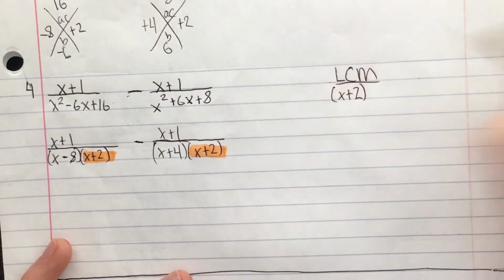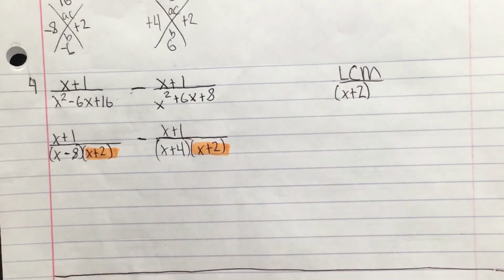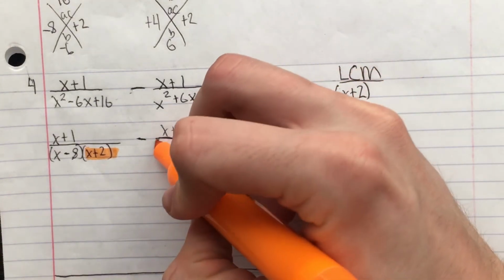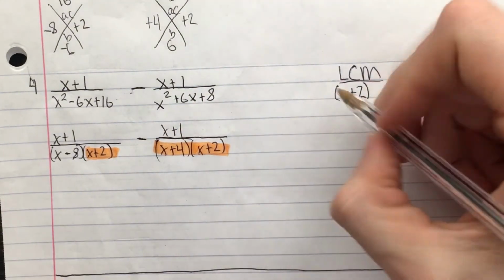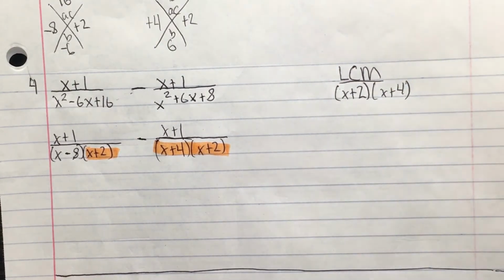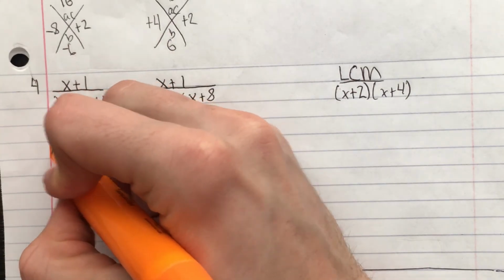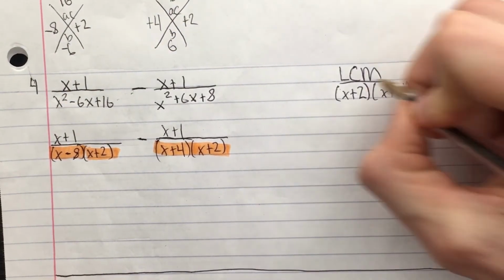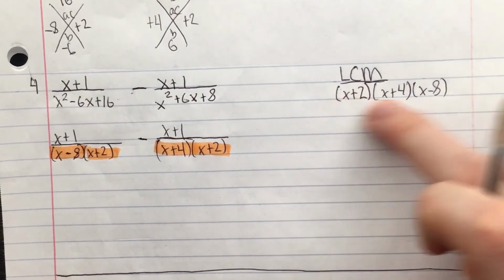The next thing is there's an x plus 4 in there, so I'm going to include that as well. And then I'm also going to include this x minus 8 right there. And so now I've got my LCM.